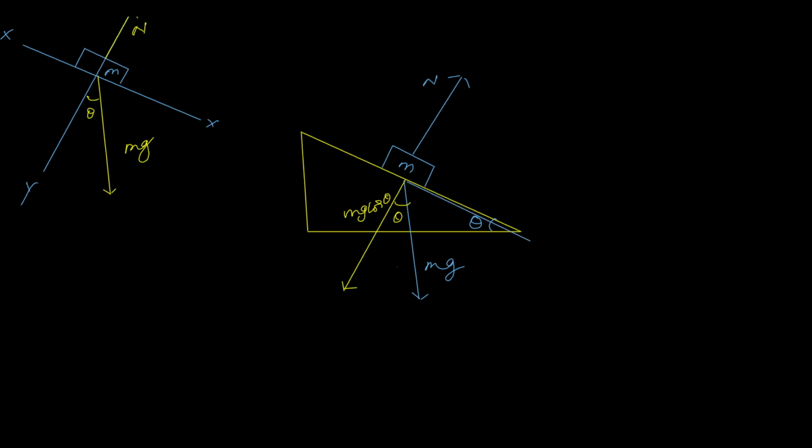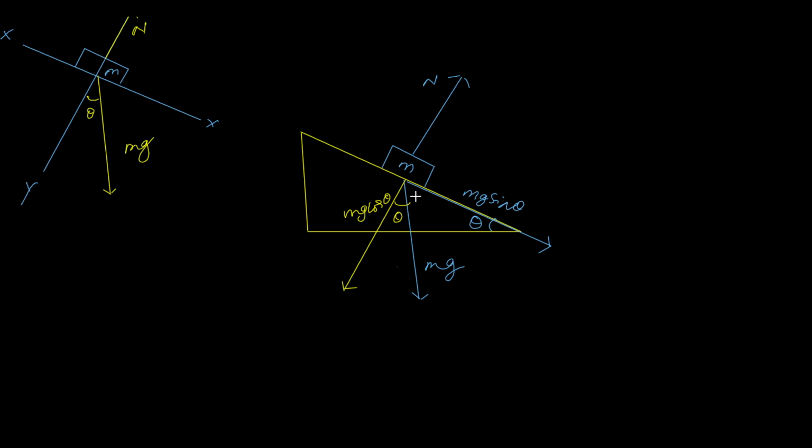So in this direction, keeping your mg in between, this is your mg sin theta, and this is your mg cos theta.